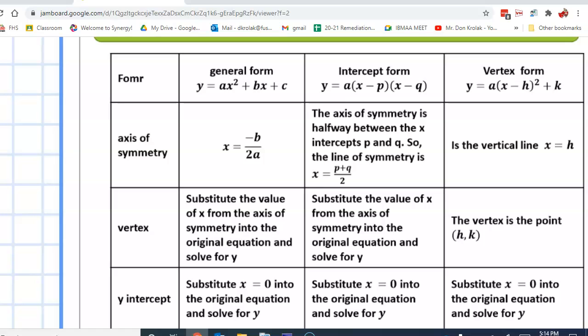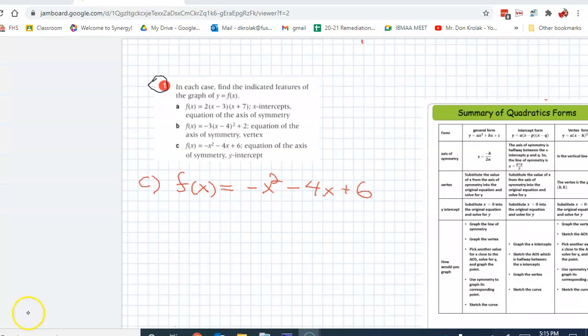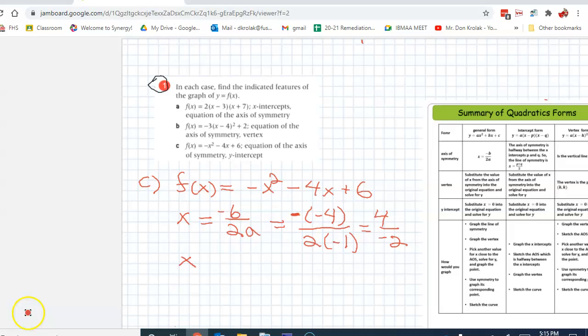This would be the x-coordinate, that would be the y-coordinate. B is -4, so I'm going to have the opposite of -4 divided by 2 times a. A is -1, so that gives me +4 divided by -2, which is -2. That's my axis of symmetry.